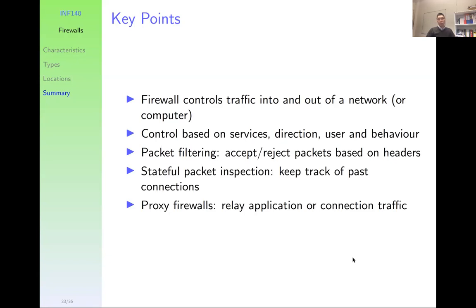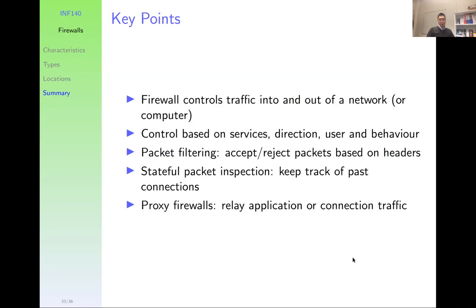So basically, firewall controls traffic into and out of a network, and it can control based on the services, direction, user, and the behavior. Regarding user and the behavior, the application-proxy firewall has the capability to control some of this user or behavior of the IP packet.